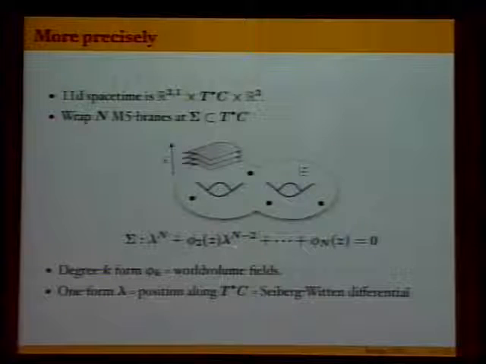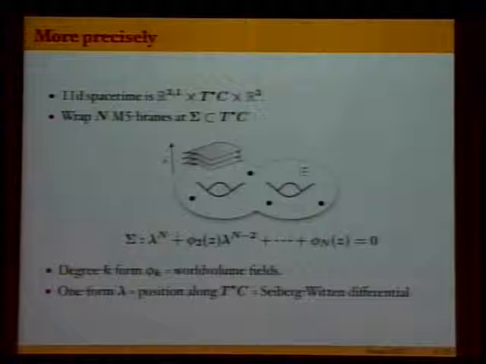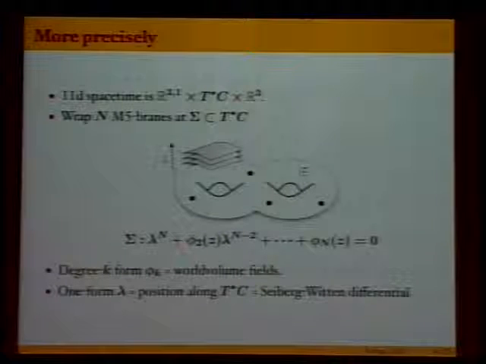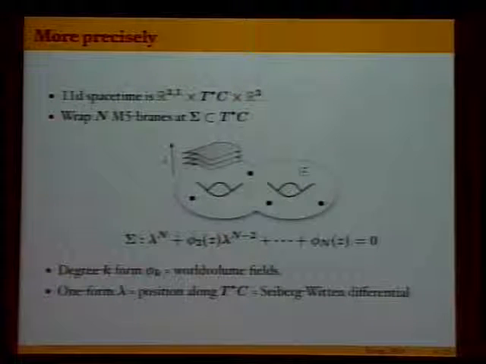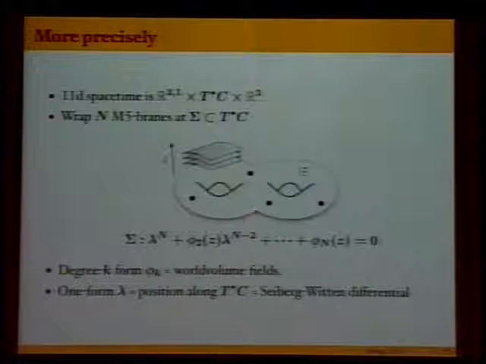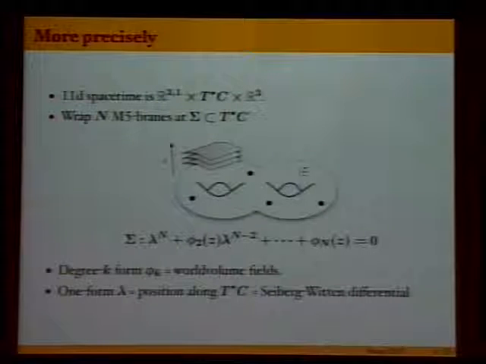For a given z, you have one equation; you solve it and get N sheets covering this Riemann surface C. You can think of the coefficients appearing in the defining equation as the world volume fields of the 6-dimensional theory, which is the low energy limit of N coincident M5 branes.